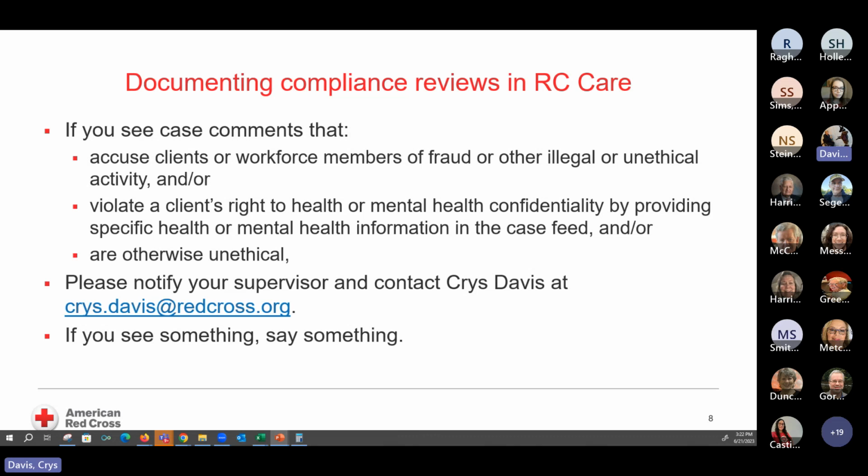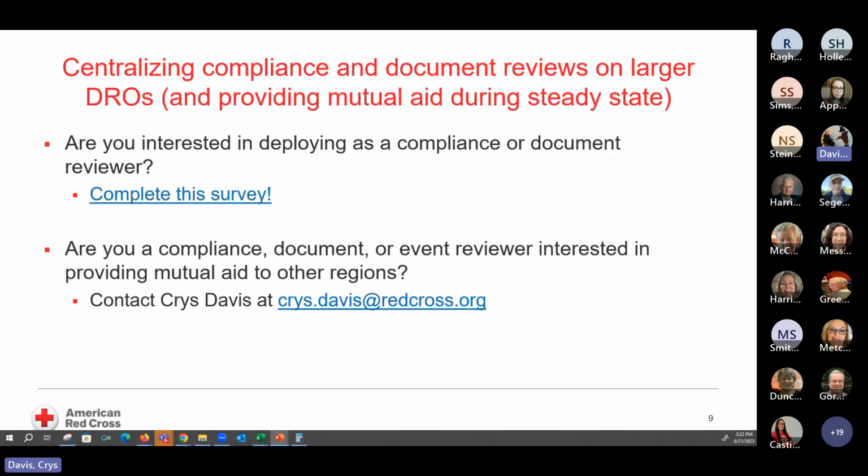Sort of as we've been having ongoing discussion, I know we're kind of into disaster season here. We are centralizing compliance and document review on larger DRs and working on getting teams set up to provide mutual aid during steady state.